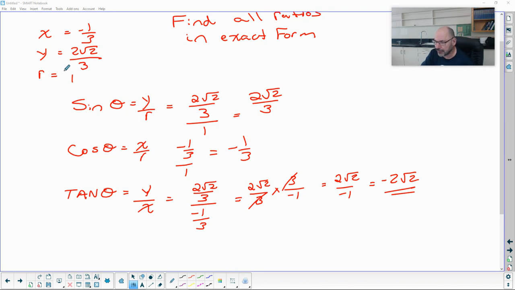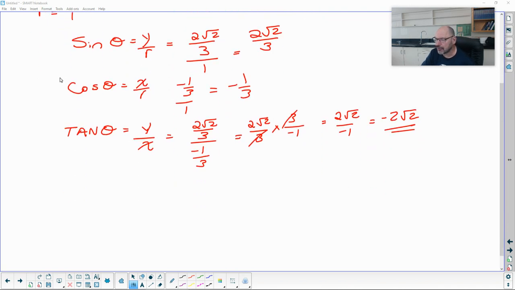Let's slide down a little bit here. Okay, so sine is y over r, but if we take the reciprocal of sine, we get cosecant. Okay, cosecant, all right, that's going to be just flipping this over.